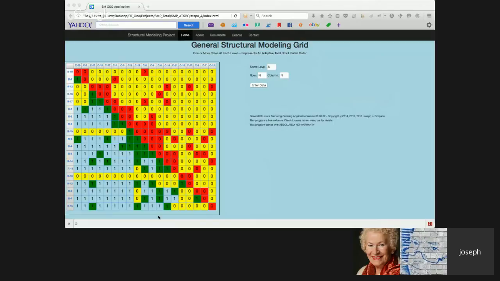Now if we look at the end result here, and this just became clear to me today, we have 1, 2, 3, 4 of these rows that don't have a green below the red.